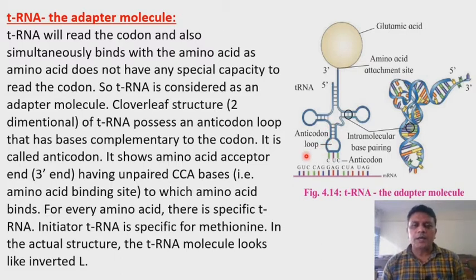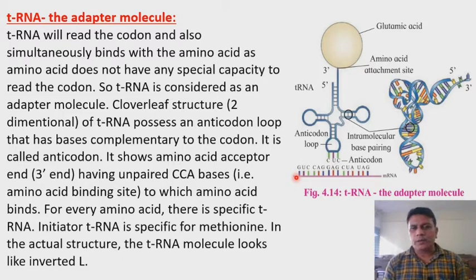Initiator tRNA means the process of protein synthesis starts at the C5 end with the AUG genetic code, and the transfer RNA will bring the methionine amino acid at this point and the process will start. Hence this tRNA which brings the methionine amino acid is called initiator tRNA.